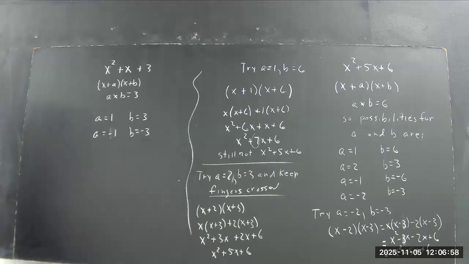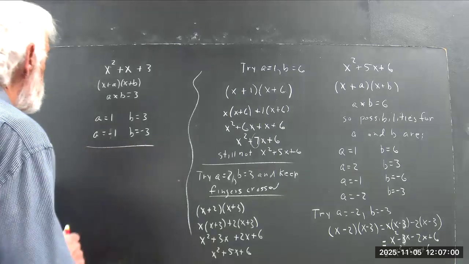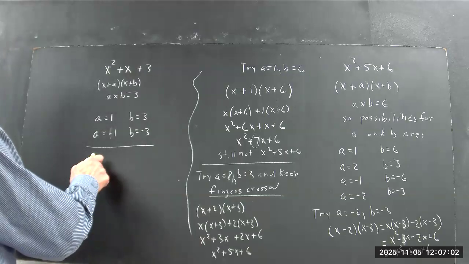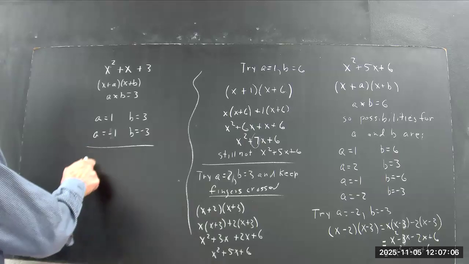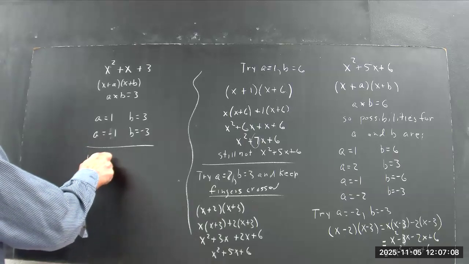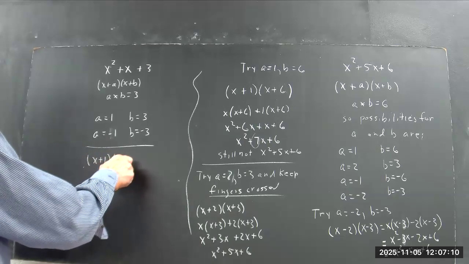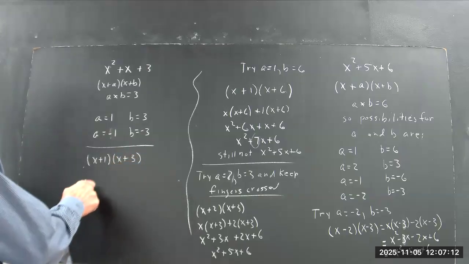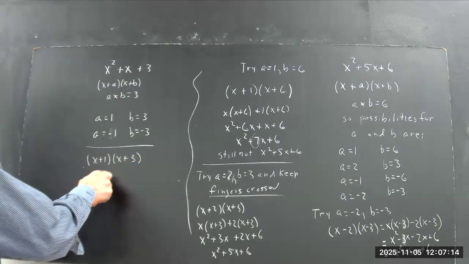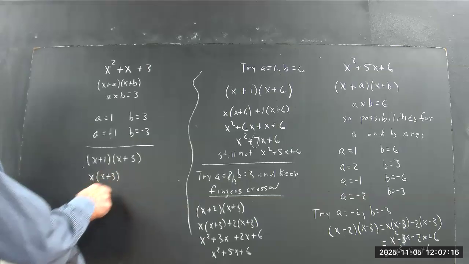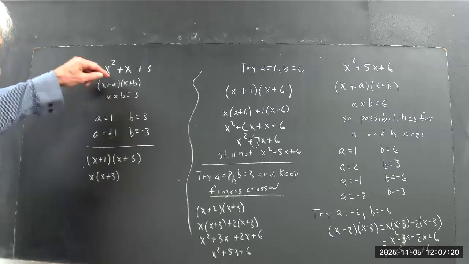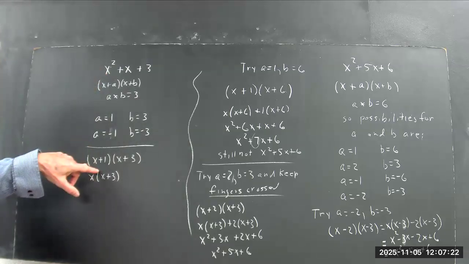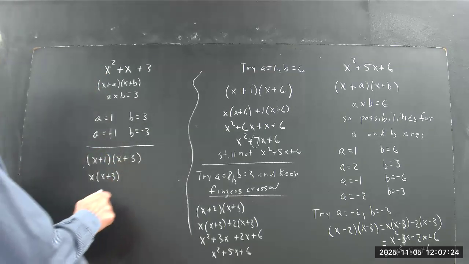Okay, so we try A equals 1, B equals 3. So we try x plus 1 times x plus 3. Now I'm just going to go through this kind of quickly because this is straightforward. Once you realize that you're going to try 1 and 3, you plug them in. And you get x plus 1 and x plus 3.